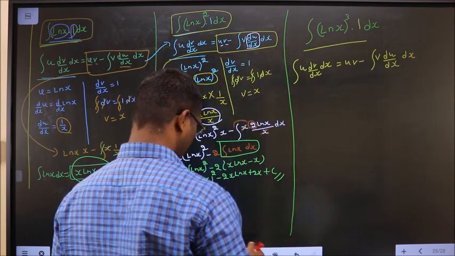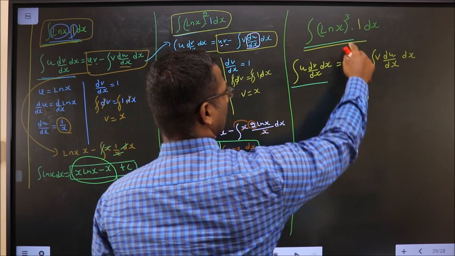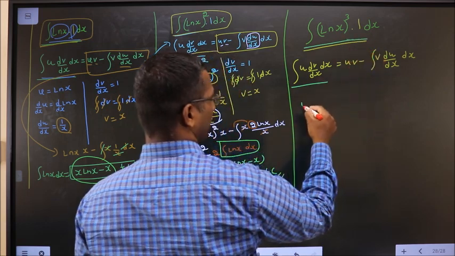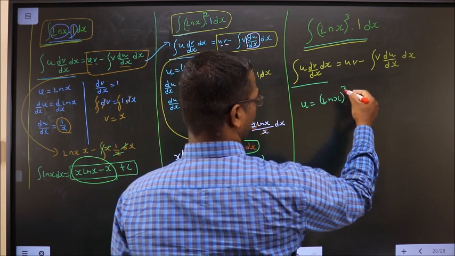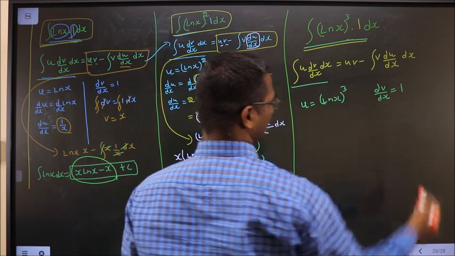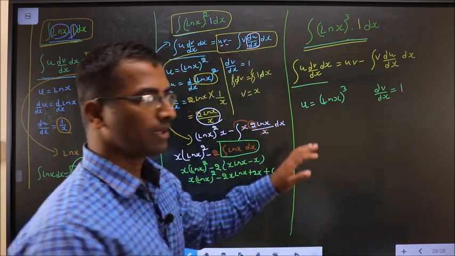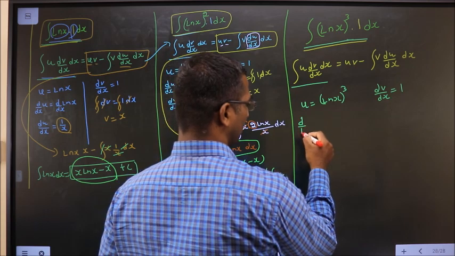Okay. Now, I equate these two and obviously u is ln x whole cube and the other one, dv by dx, is equal to 1. Clear till here?